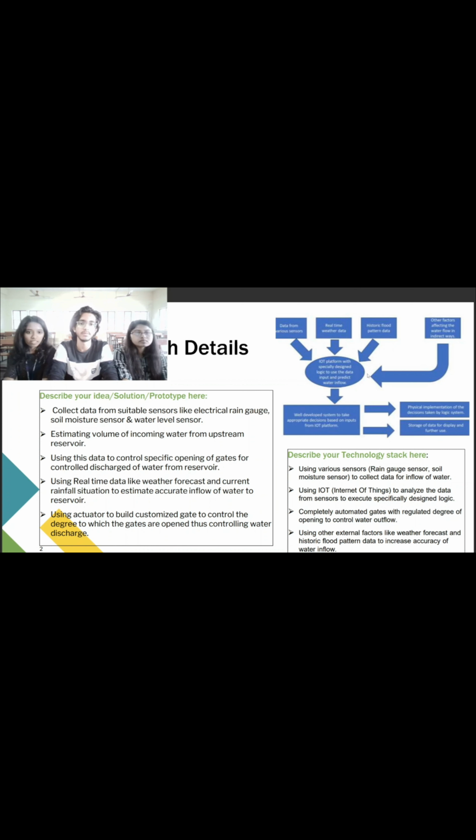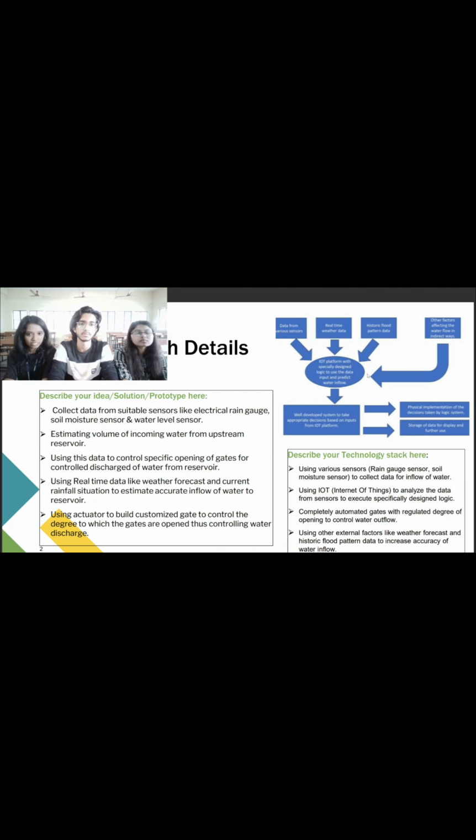The technology stack that we will be using is rain gauge sensor, soil moisture sensor, etc. It will help us to know the intensity of rainfall and the volume of water present in the reservoir accordingly. Using IoT tech, we will analyze the data that has been received from the various sensors that we have installed.